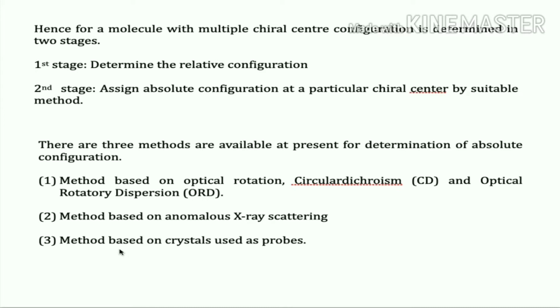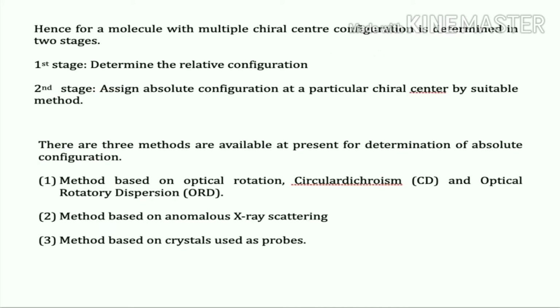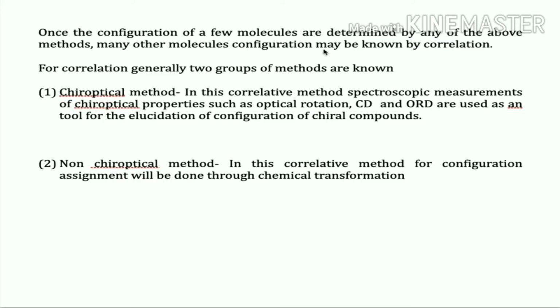It is easy to assign configuration through correlation. Once the configuration of a few molecules is determined by any of the above methods, the configuration of many other molecules may be known by correlation. So if we know the configuration, it is very easy to assign the configuration of other molecules by correlation.